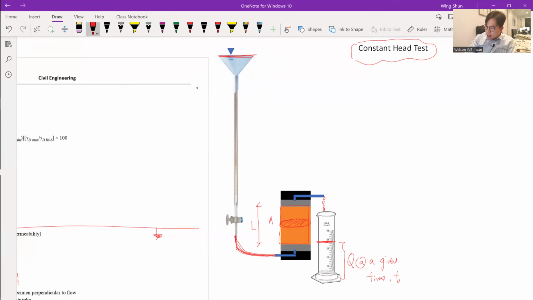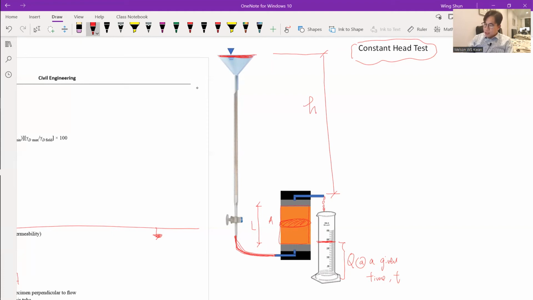We can also measure the head, the height from the water level open to atmosphere to where the water comes out at the top, again to atmosphere. That gives us the head that drives the water through the hydraulic resistance provided by the soil specimen.